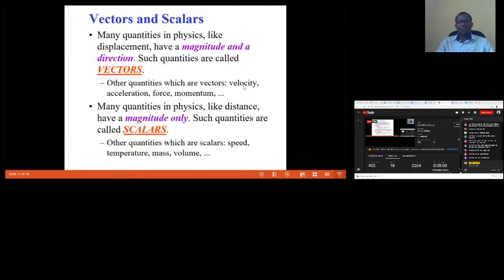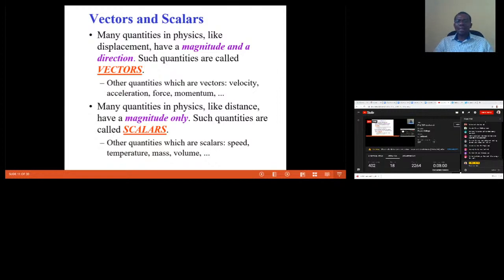For instance, let me start with displacement. Displacement must always have a direction associated with it. As we could see from the previous slides, when we talked about the displacement, we either said the displacement is 20 meters to the right or the displacement is 20 meters to the left.